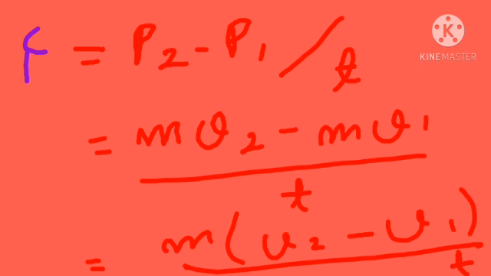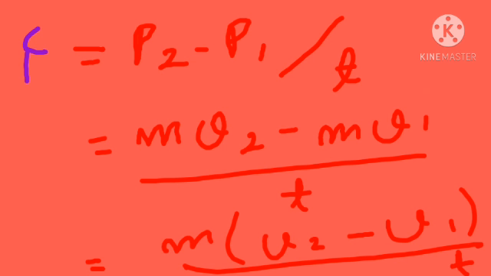Now come to the derivation of F equal to ma. We know very well the force on any object is the rate of change of momentum. So that is (P2 minus P1) upon T. We can write the momentum as the product of mass and velocity.